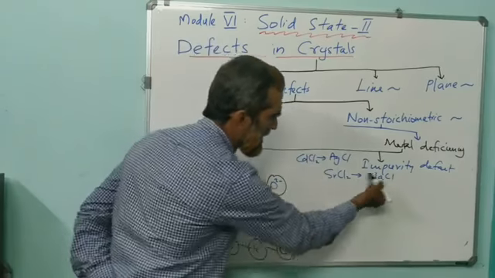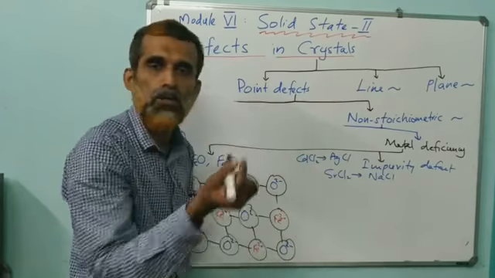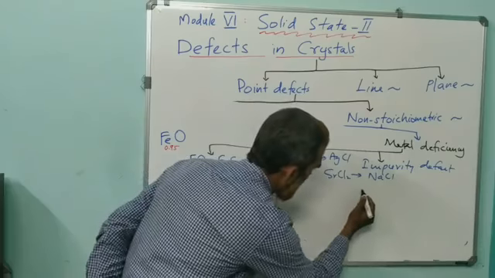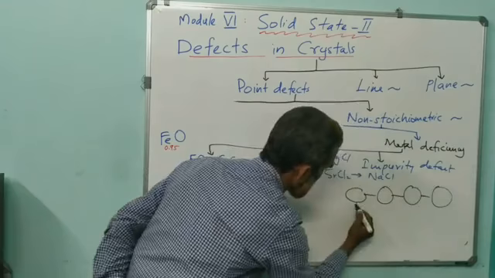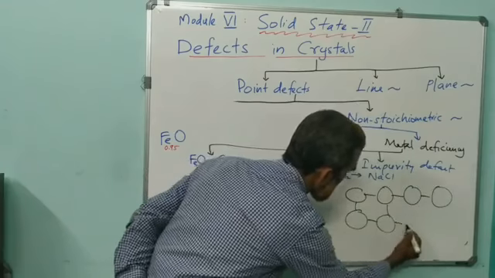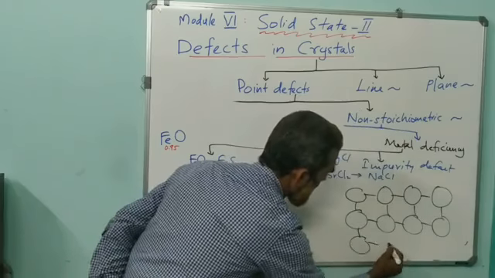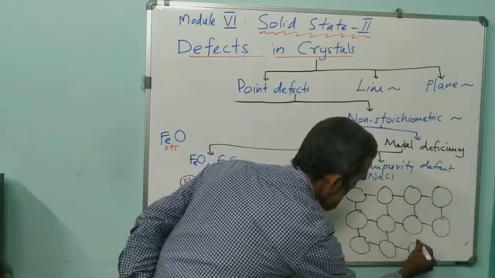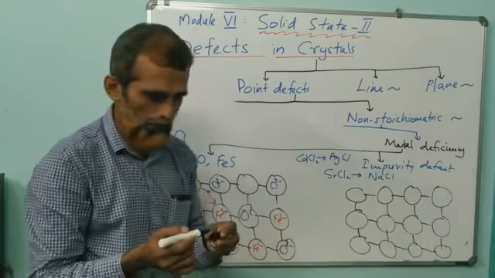Let us explain this example. A small amount of strontium chloride is added to sodium chloride. What happens? Let's see. Whenever you have to explain defects, you should have a drawing. You should represent using this kind of sketch. That's very important.